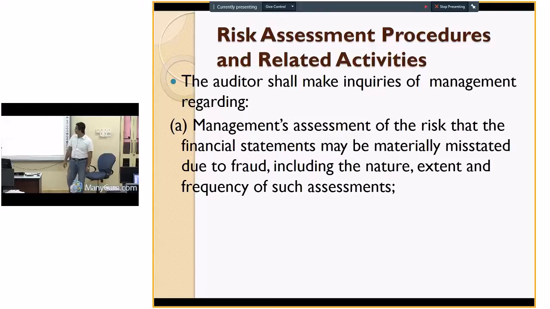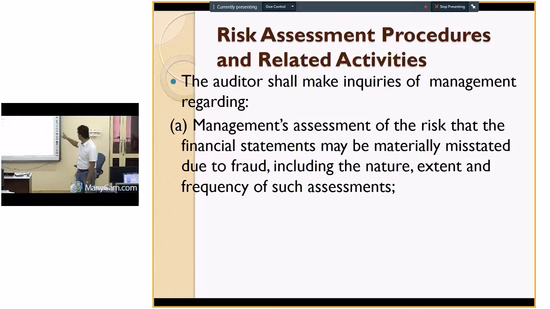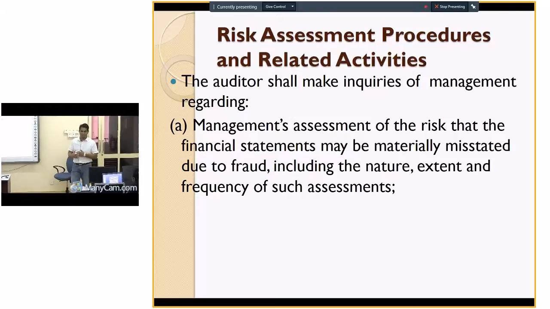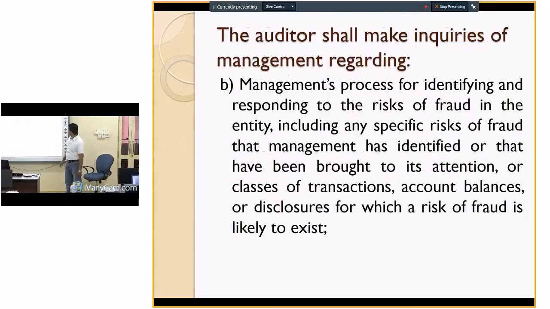Right? Again, in the risk assessment process, you should make inquiries regarding management's assessment of the risk that the financial statements may be materially misstated due to fraud. It means you want to evaluate, as we discussed, the management process or mechanism to detect and prevent frauds.